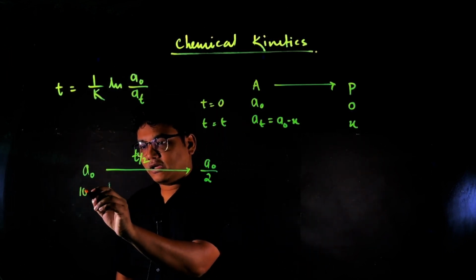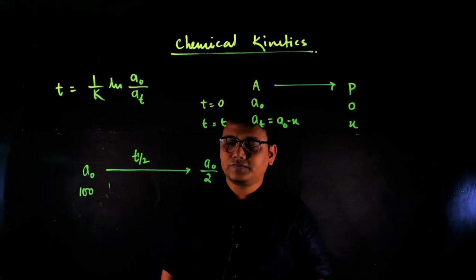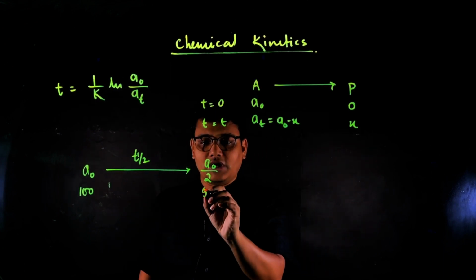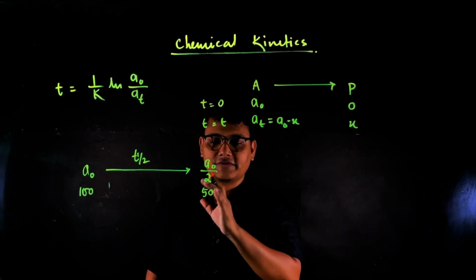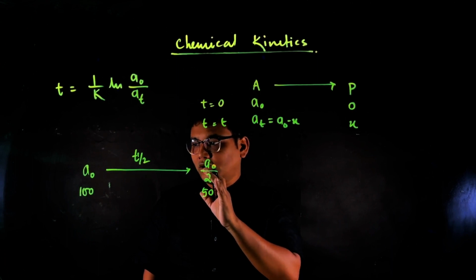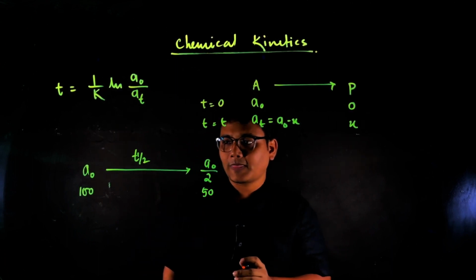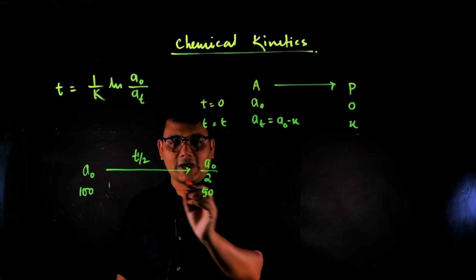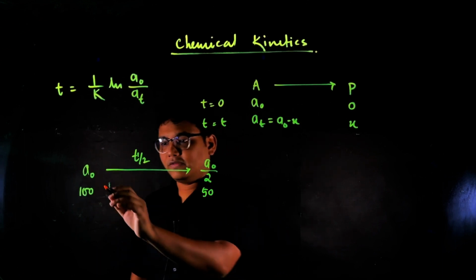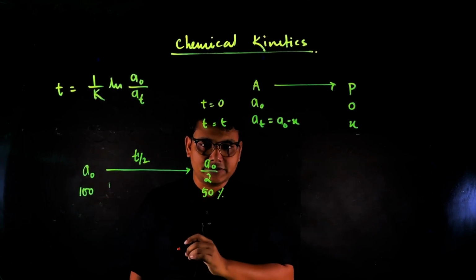Consider here we have 100 molecules. Now we will have only 50 molecules because 50% of the molecules have reacted. So here the time is t half, that means 50% of the reaction is completed.